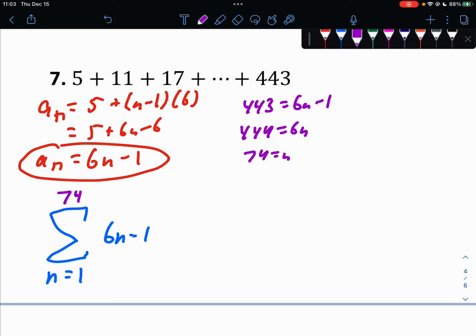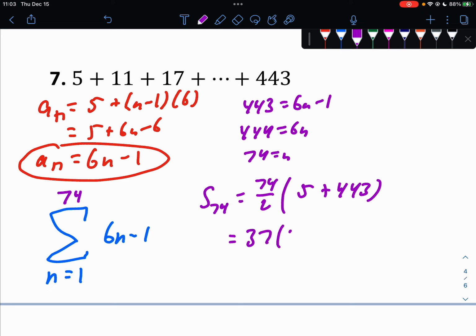All right, so then our sum of the first 74 terms is going to be 74 over 2 times the first term, which is 5, plus the last term, which is 443. So it's 37 times 448, which is 16,576.